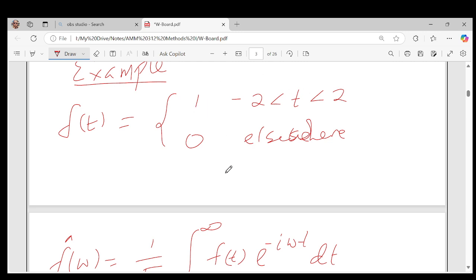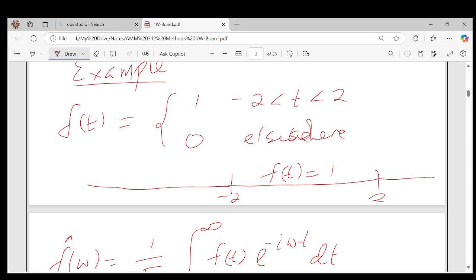So when working out this integral, because between -2 and +2, f of t is equal to 1, but at any other point, f of t is equal to 0, the only section where the function is non-zero is between -2 and 2.